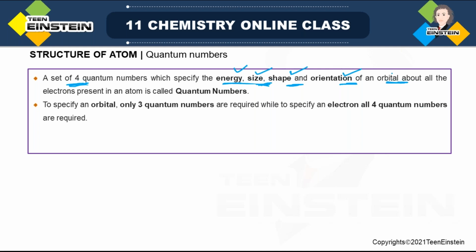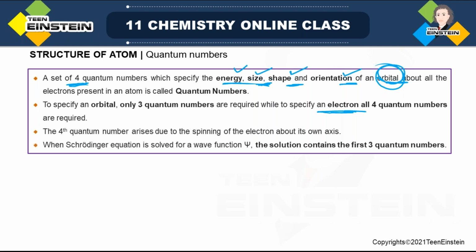Now when you are trying to specify an orbital, the first 3 quantum numbers are enough, but the 4th quantum number is required if you want to specify an electron. That is its significance. The 4th quantum number does not arise as a natural consequence of the Schrodinger equation; from that you get only the first 3.